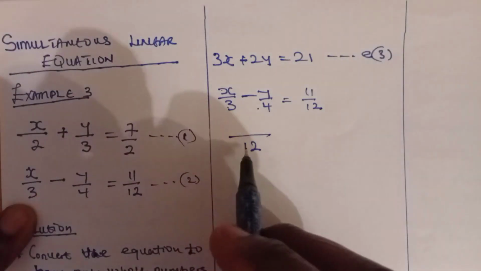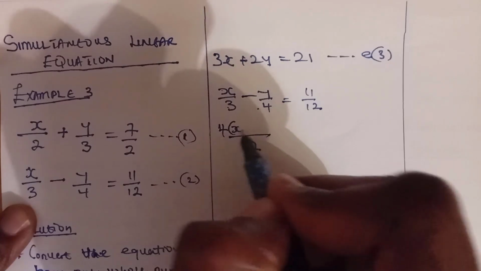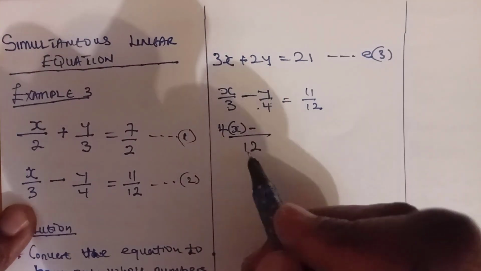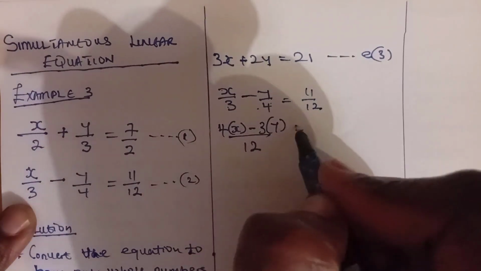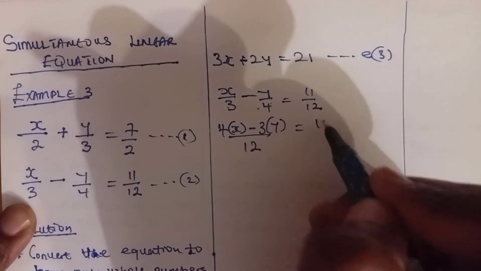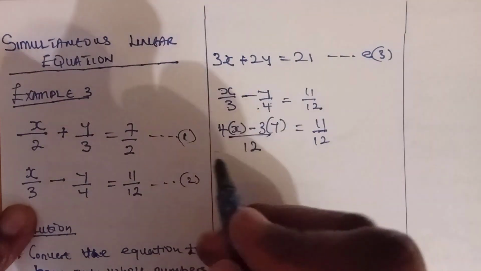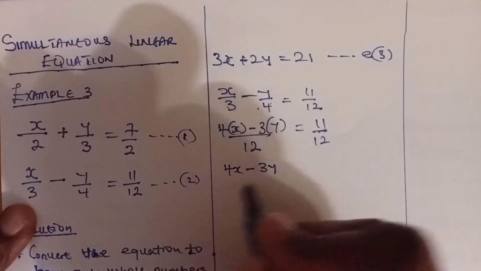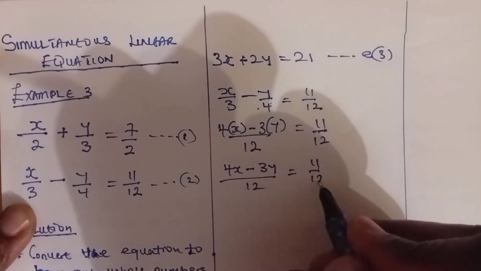So 12 divided by 3 is going to give us 4, multiplied by x, minus 12 divided by 4 which gives us 3, multiplied by y, and then we have 11 over 12.